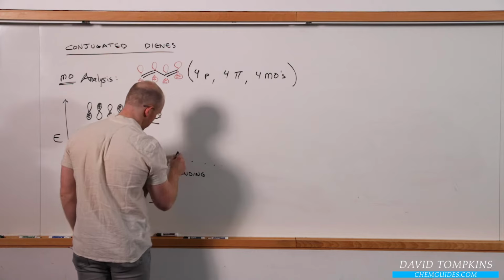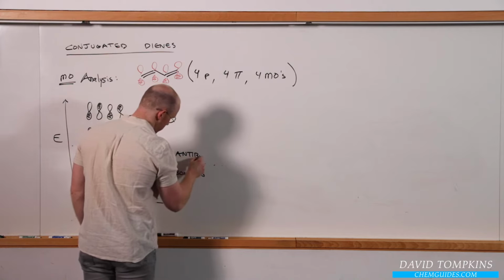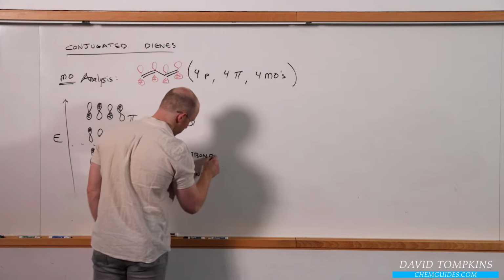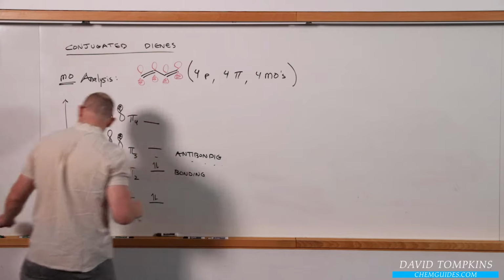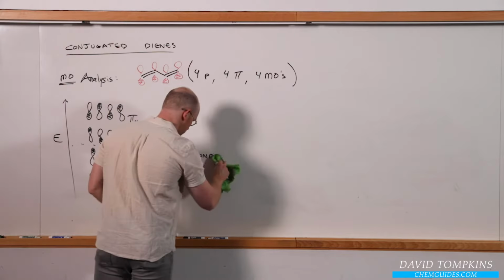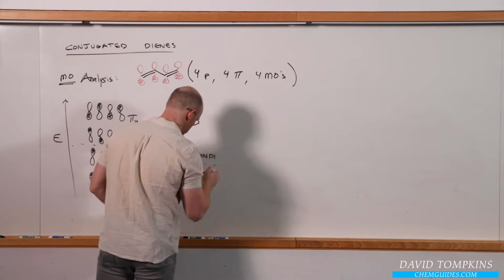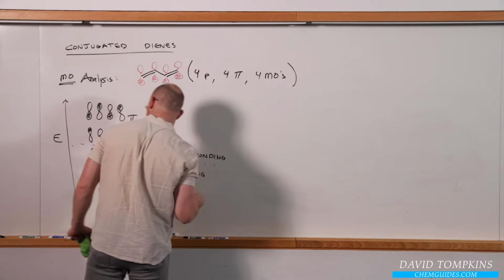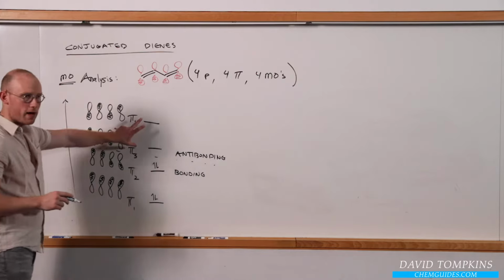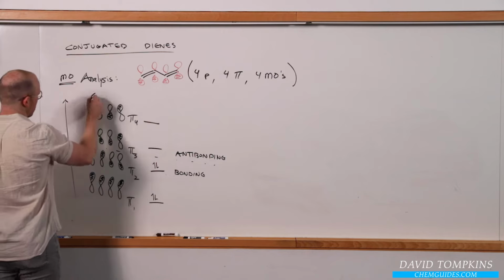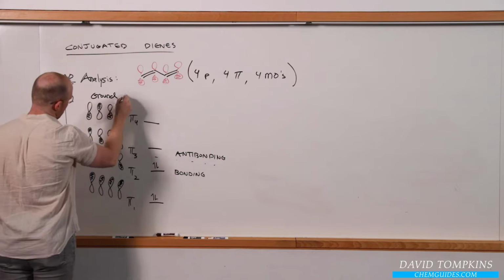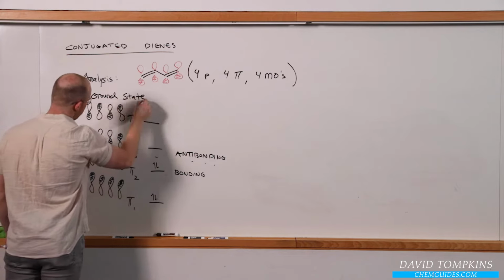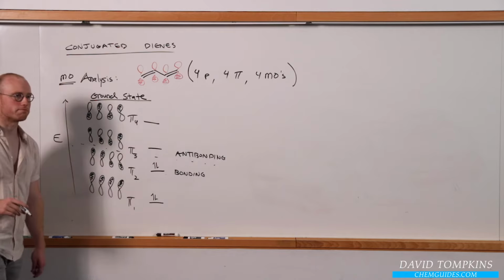And those that are anti-bonding are pi3 and 4. And these are unoccupied in the ground state, or the lowest energy electronic configuration.